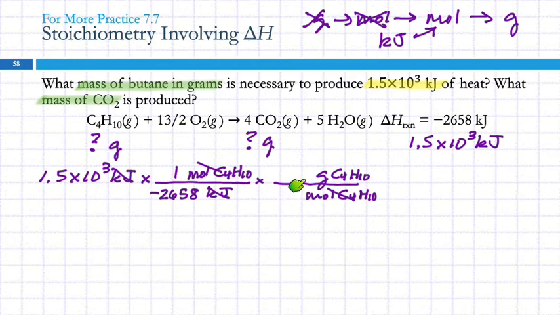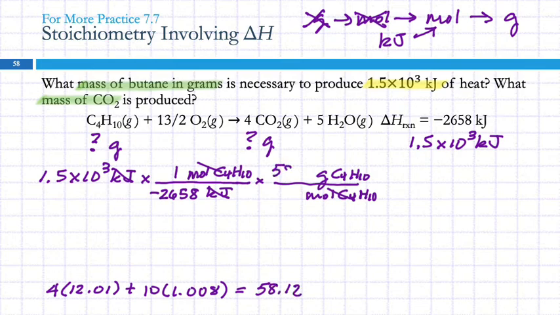And then over here, I need the molar mass for butane. Four times 12.01 plus 10 times 1.008, 58.12.